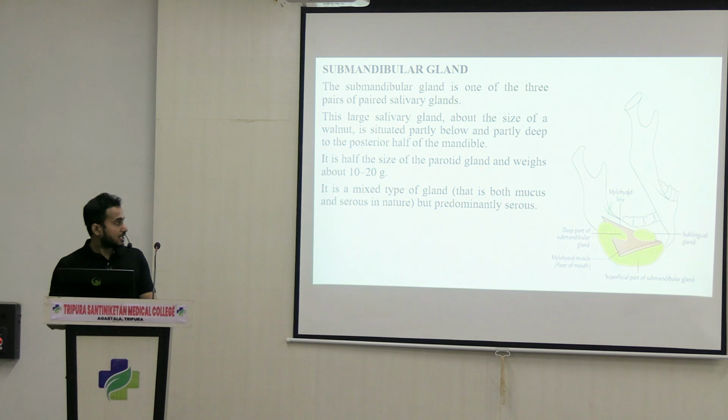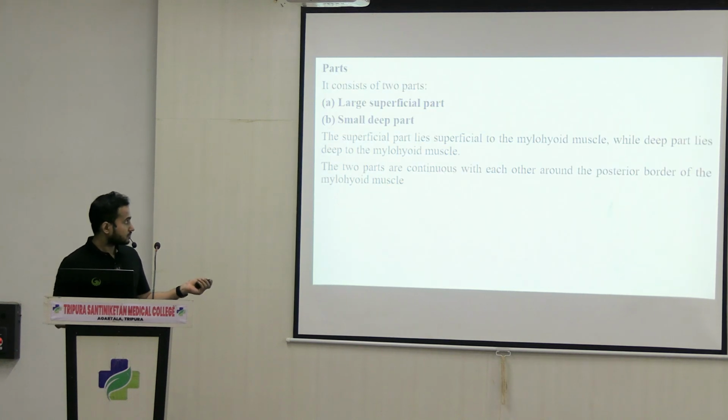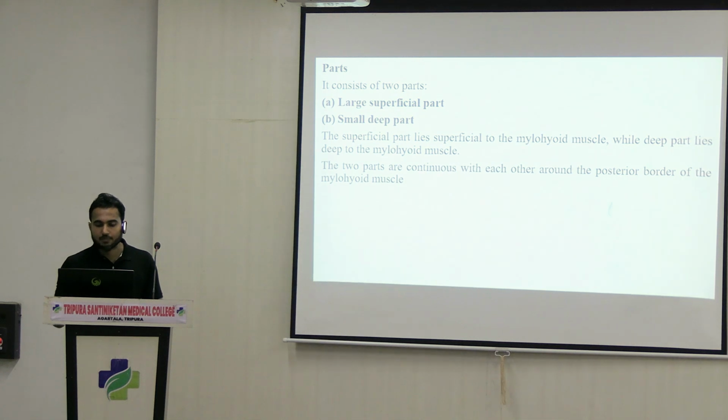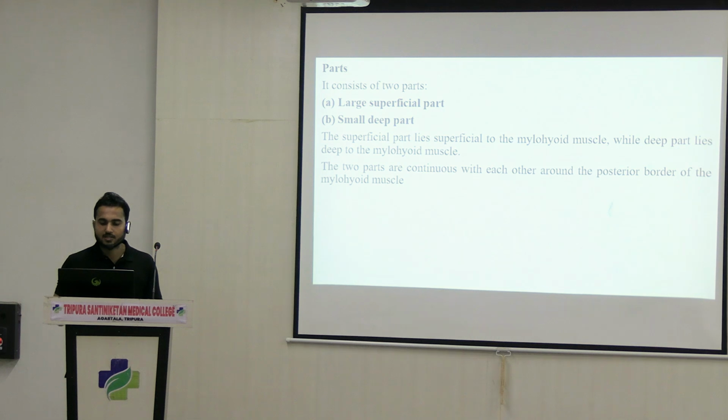The superficial part lies superficial to the mylohyoid muscle and the deep part lies deep to the mylohyoid muscle. The deep part is small, the superficial part is larger. Both the parts are continuous with each other at the posterior border of the mylohyoid muscle. They are not separated, they are continuous with each other at the posterior border of the mylohyoid muscle.